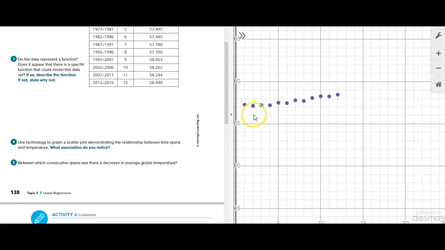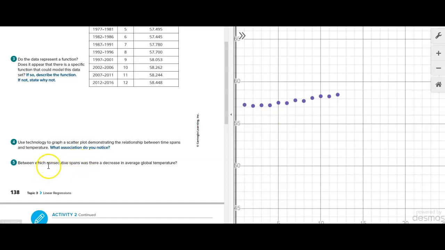Is there no association between time and temperature? Or is there a negative association? Or is there a positive association? So think about if the data looks random, if it looks like it's going downhill, or if it looks like it's going uphill. So that's how you decide on number 4.